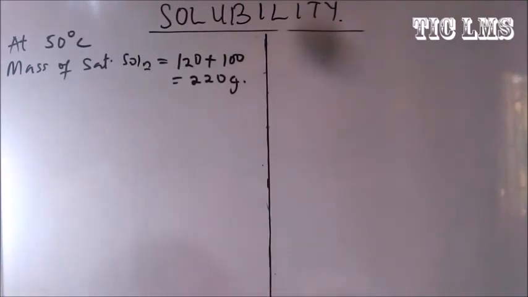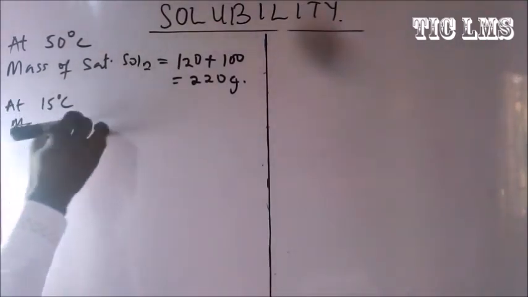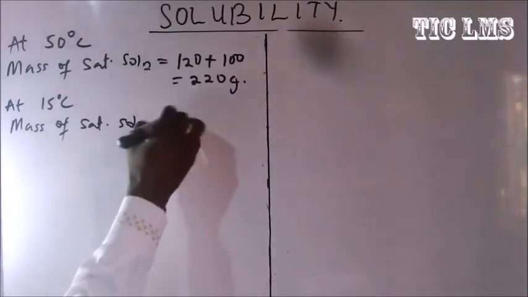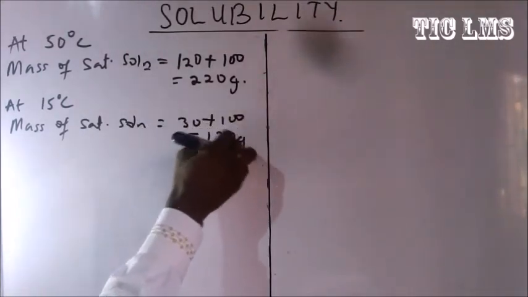Then at 15 degrees Celsius, for the mass of saturated solution, the mass that dissolved was 30 gram in 100, so that will be 30 plus 100, and that gives 130 grams.